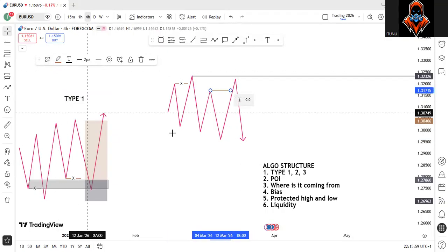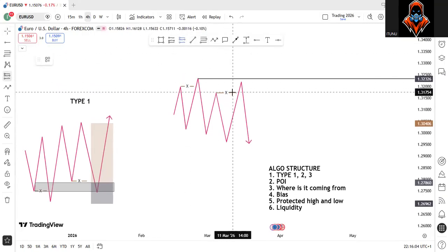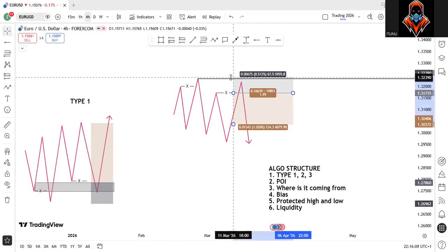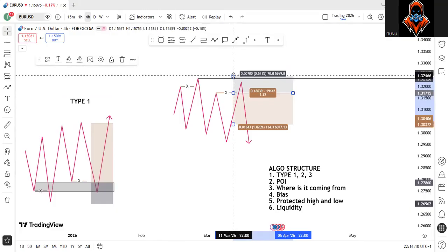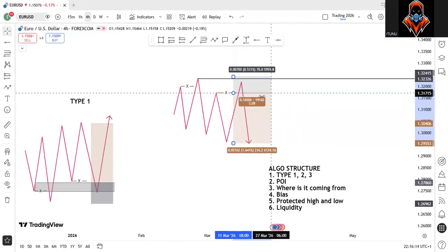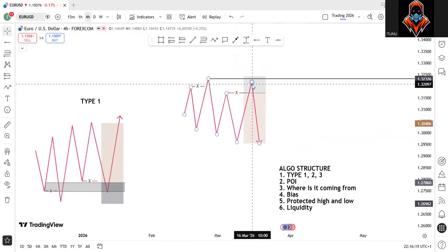That's where our stop loss is going to be placed for a sell. This is a bearish scenario. If we're looking for sells, you put your SL above this protected high, then drag it out all the way. You set your limits and wait for price to get here.